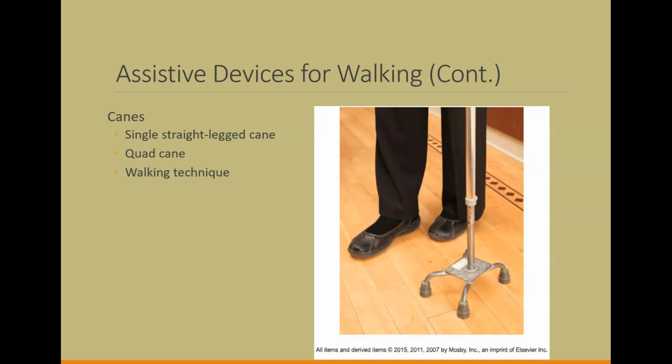So the weaker leg and the body weight are supported. Make sure you always teach them that they have 2 points of support, such as both feet, or 1 foot and the cane, touching the ground at the same time.